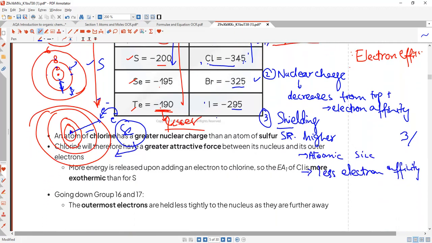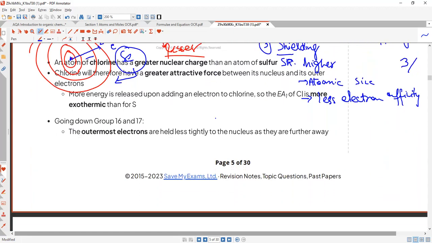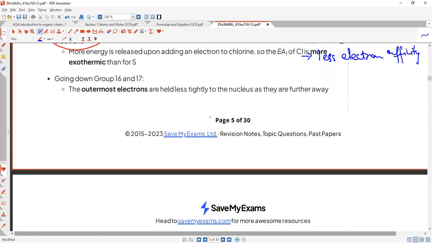In the question, they will ask you the reason why fluorine has exceptional behavior for electron affinity. Fluorine has atomic number 9, which means it has 9 electrons. Just write its structure: 2 electrons in the first shell and 7 electrons in the last shell. So it needs only one more electron.